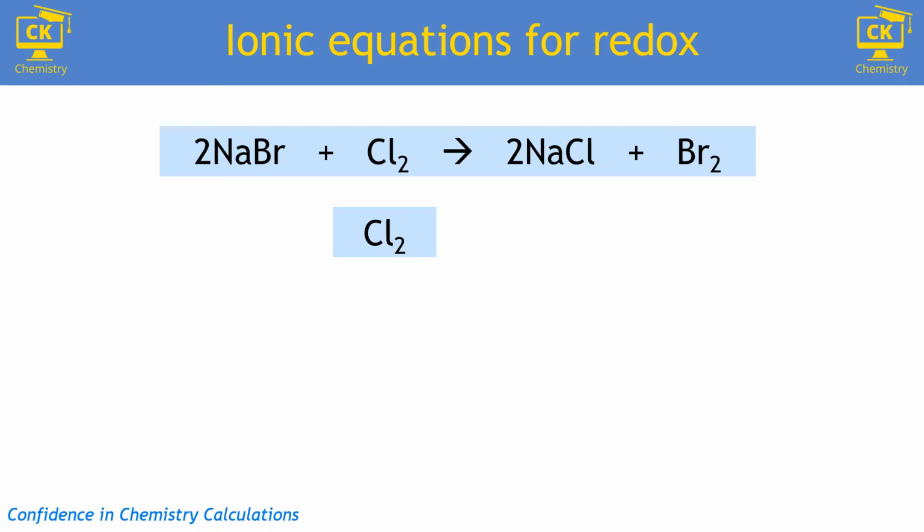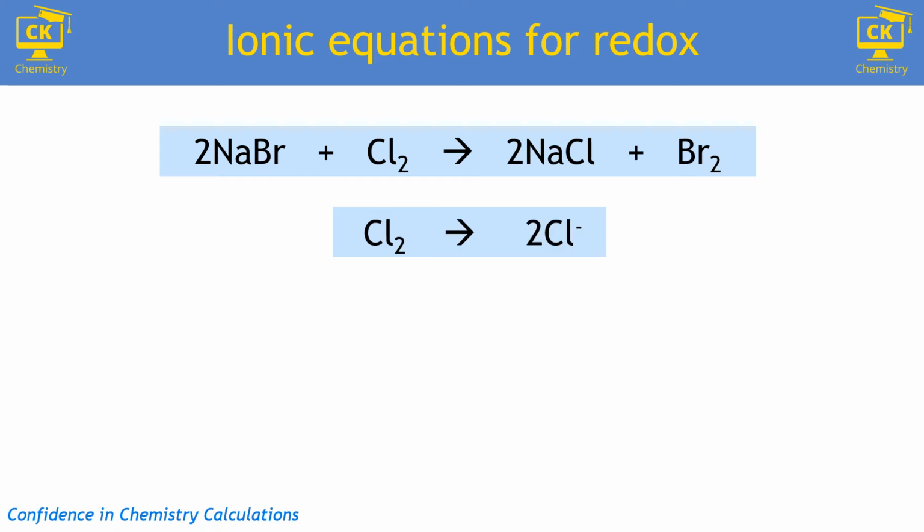So we don't split up the two chlorines in Cl2 in the ionic equation because they are still covalently bonded together, in the same way that we wouldn't split up H2O or anything else in an ionic equation. We only remove spectator ions. In this case, it's the sodium that's not doing anything. The sodium is in a compound on both sides, so it is +1 on both sides of my equation.